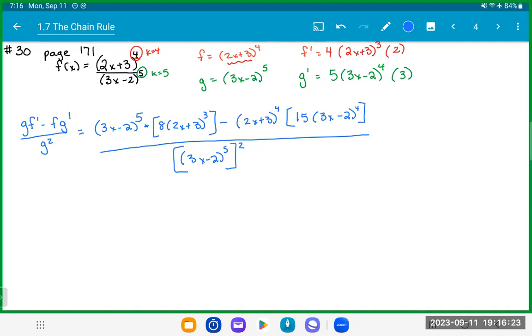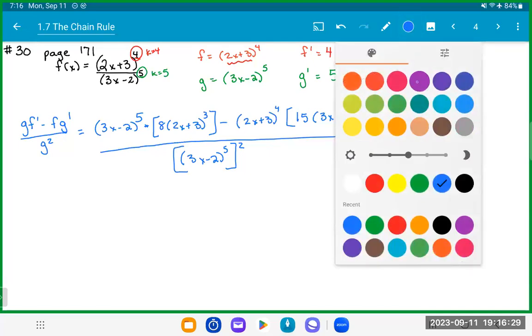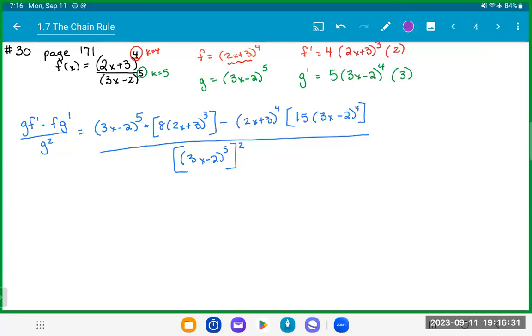Now what I want to do is factor out any common factors. So what do this term and this term have in common, right?